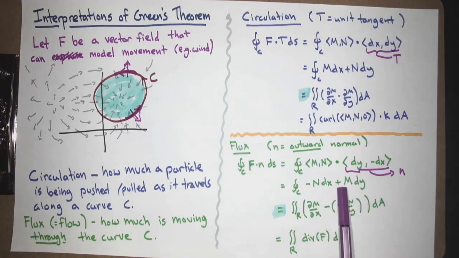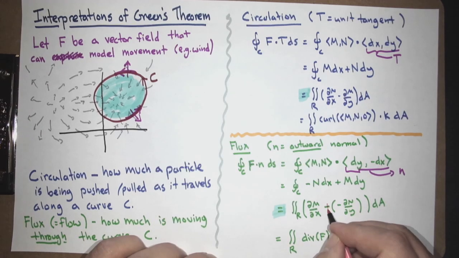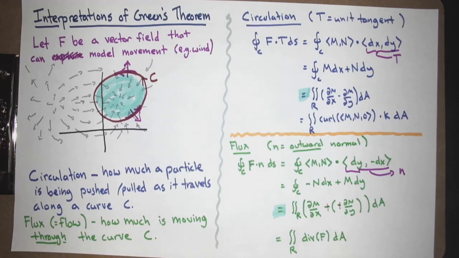Whatever's attached to the dy, take the derivative of that with respect to x. So that's why we get partial N partial x, subtract partial M partial y with a negative. And now the fun part, two minus signs make a plus, and we get partial M partial x plus partial N partial y.